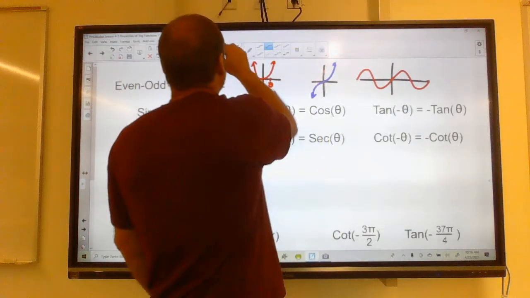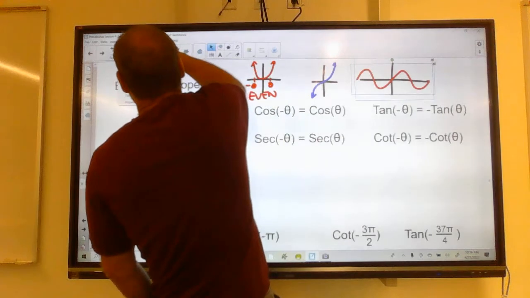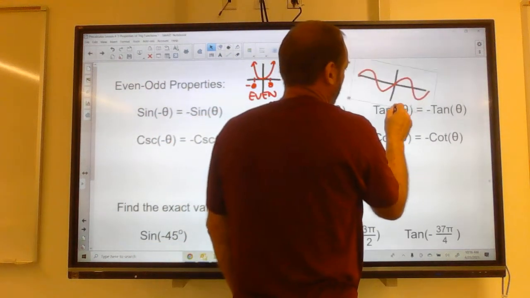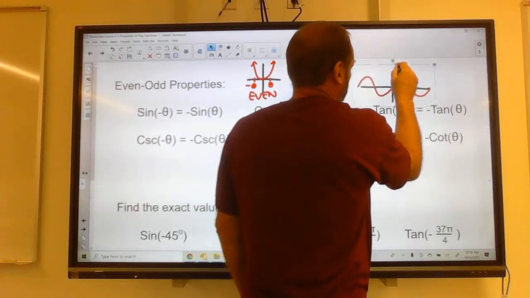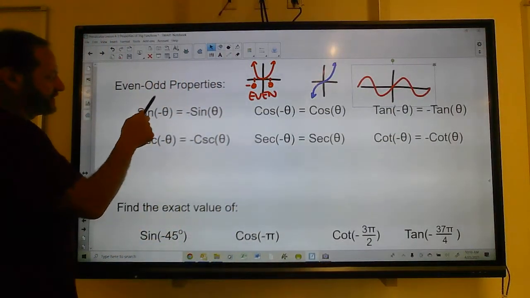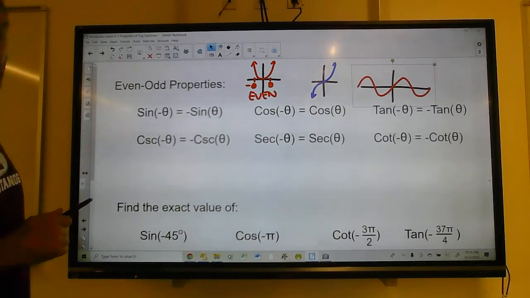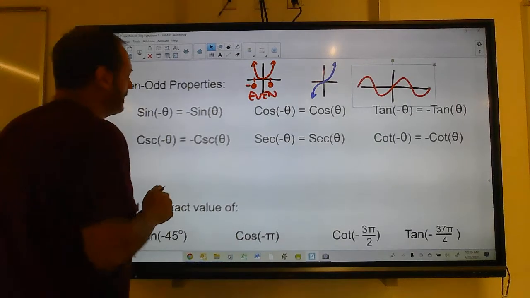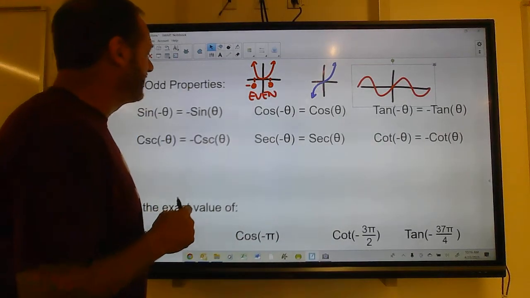If I just rotate it 180 degrees, I get exactly the same function. So with an odd function, this property where you can take the negative sign out works. That's why this is an even-odd property. The sine of negative theta is the negative sine of theta.